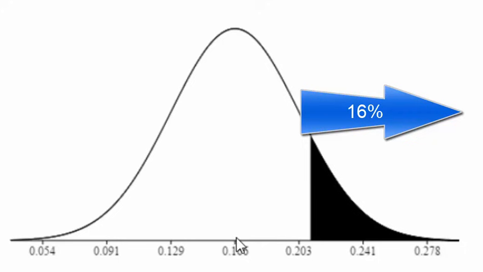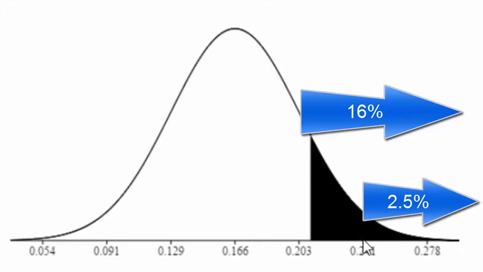Right here we have 95% between here and here. That leaves 5% total outside in the two tails and 2.5% in one of the tails. So this area right here has to be between 2.5% and 16% because 2.5 is too little and 16 is too big. The next mark right here would be 50%, but we're not even worried about that. This goes back to your Chapter 5 stuff, and you can go back and review it, but this is some review concepts.